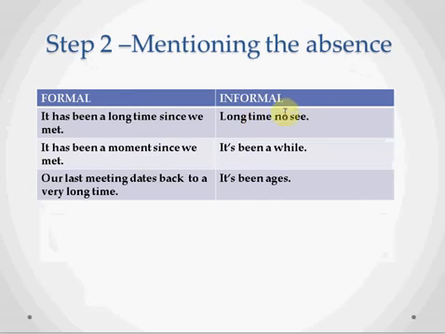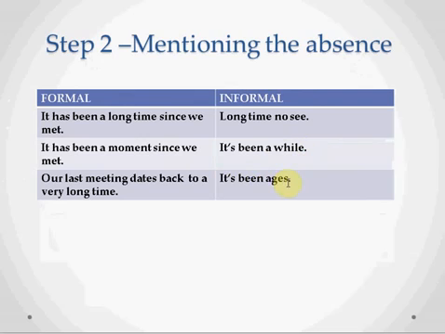If we're talking to a very good friend, we wouldn't use the same language. We would use an informal language. We would say something like, long time no see. This is a sort of an incomplete sentence. It's long time no see, or it's been a while. A while is a synonym of a moment. It's been a while. It's been a moment.